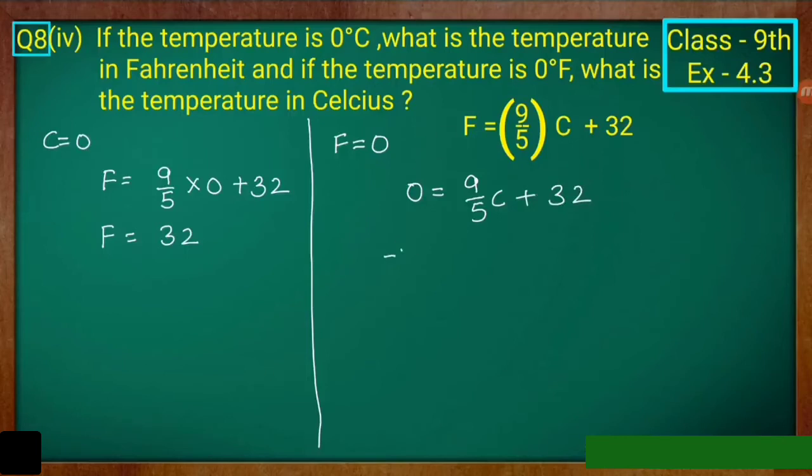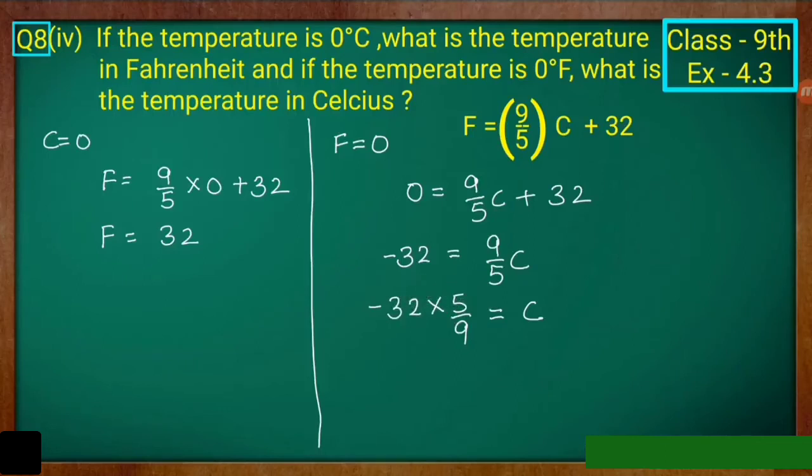It's minus 32. 0 minus 32 equal to 9 upon 5 C. Now in the next step we will do the reciprocal of 9 upon 5, because when it is moved to the left side it divides 32. So we can write 32 multiplied by 5 by 9 equal to Celsius. Here you can see 32 and 9 are not divisible.